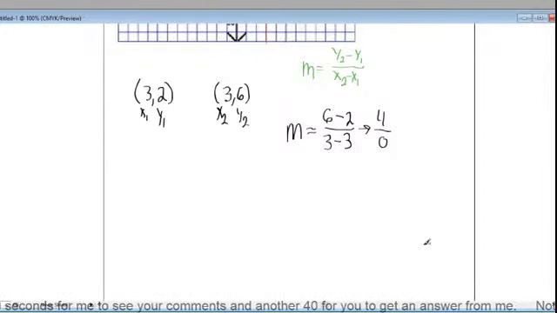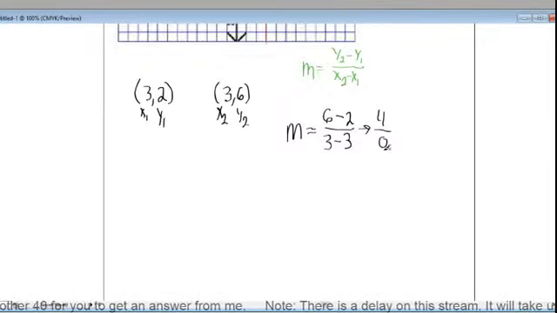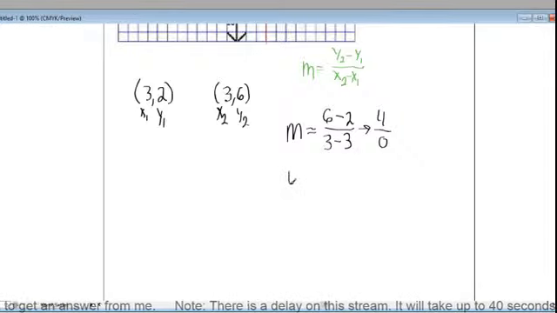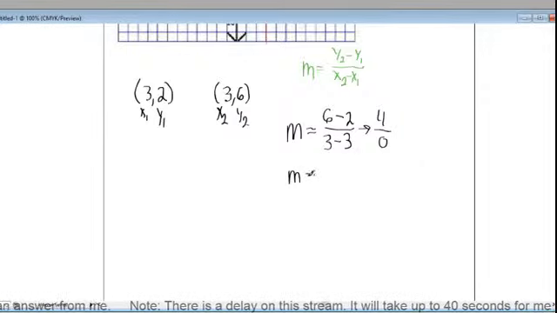Like we have said in the past, we cannot divide by 0. So if we have 4 over 0, that means 4 divided by 0. And in algebra, at least, that means that this is undefined. So our slope here, m, is undefined.